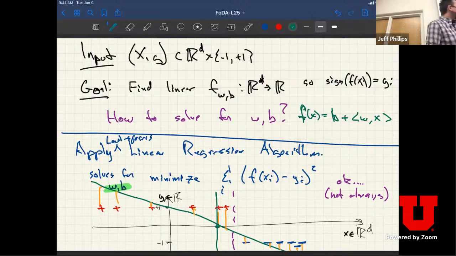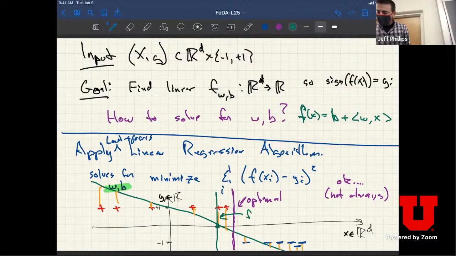There was a better function here, this purple choice. This purple function is the optimal, but this might be from least squares linear regression.